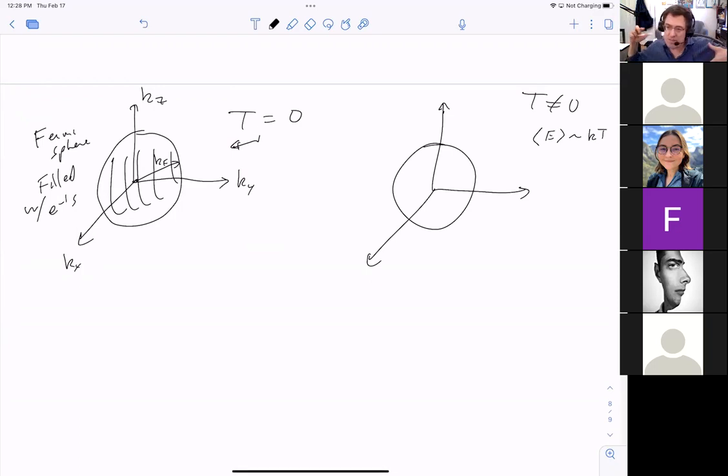In other words, I take my piece of copper, which was really cold at T equals 0, and I drop it onto the floor. Now it comes to thermal equilibrium with the earth, which is room temperature, kT. What does that do to my Fermi sphere? Can somebody tell me?